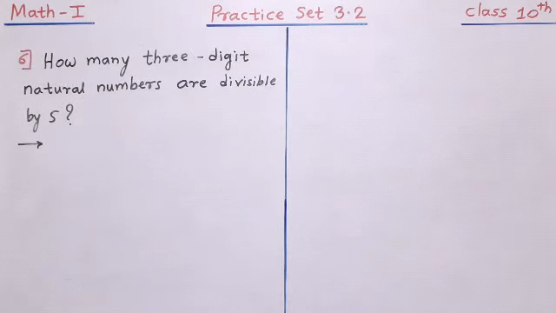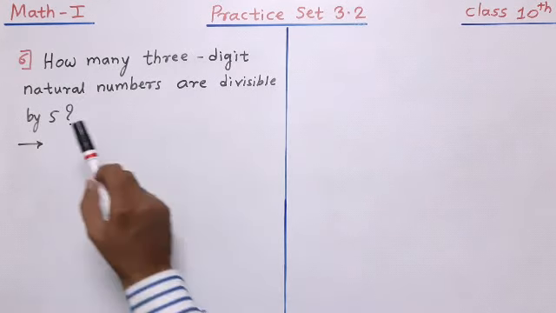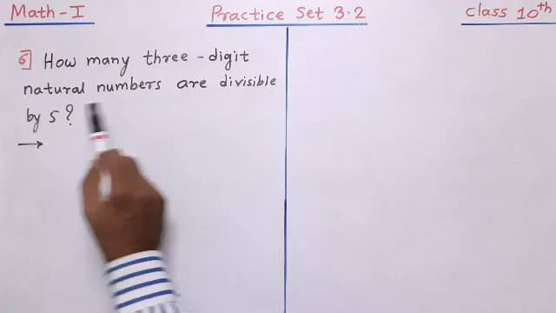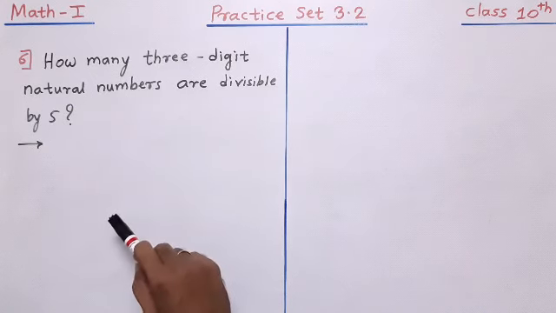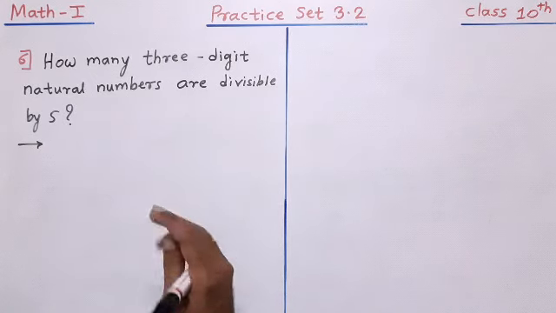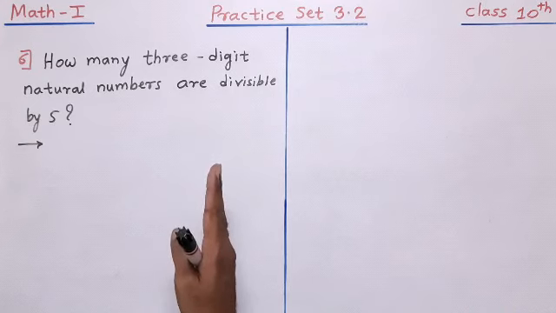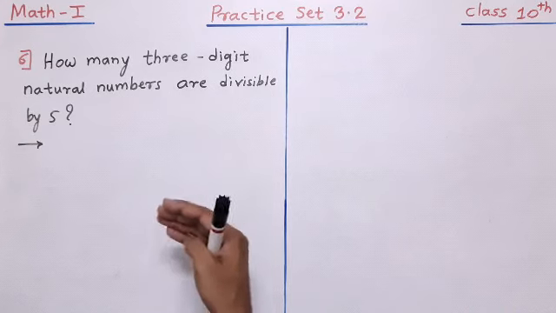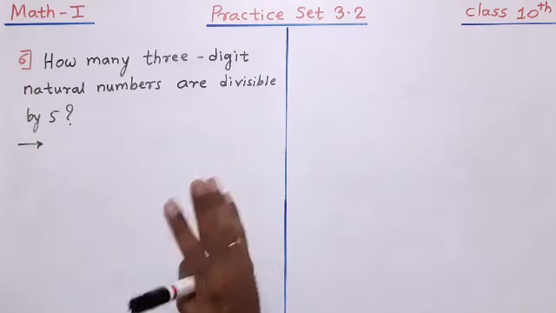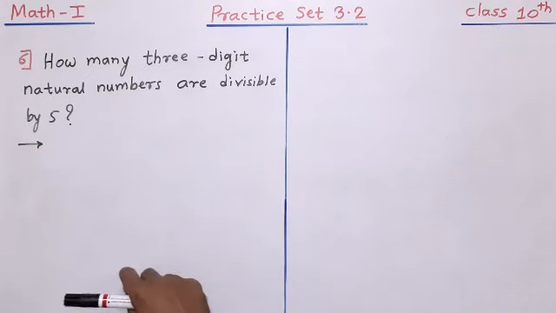Okay dear students, now let us solve question number 6. How many 3-digit natural numbers are divisible by 5? We have to find the natural numbers which are divisible by 5, and all the numbers should be 3-digit numbers.